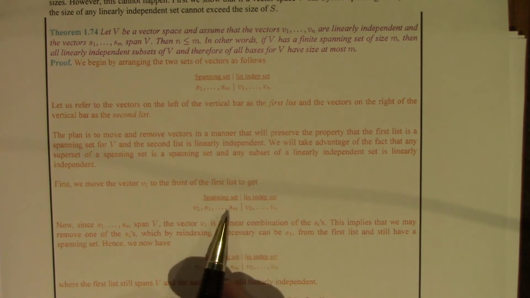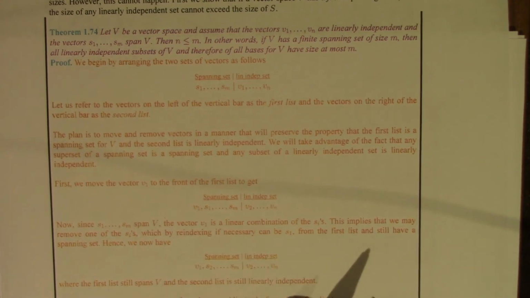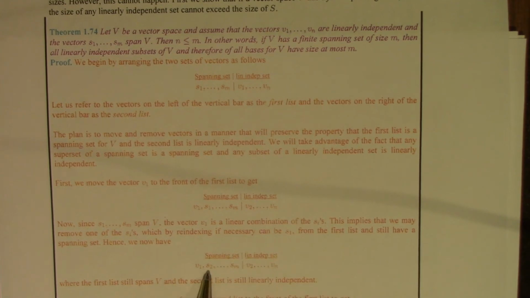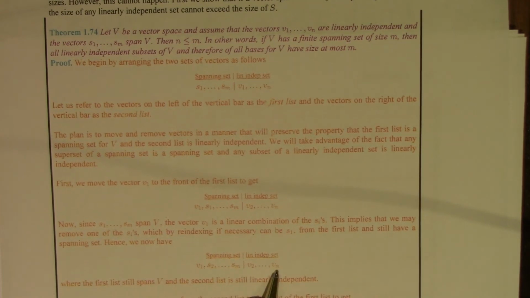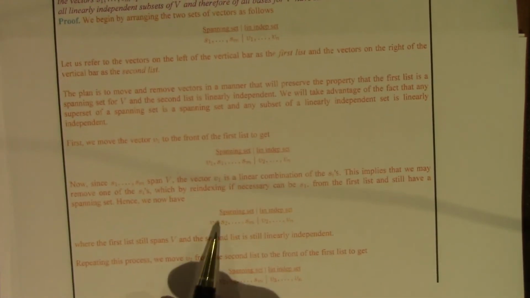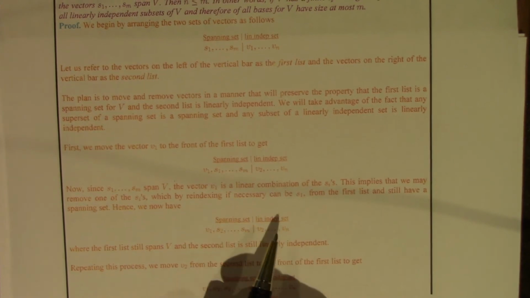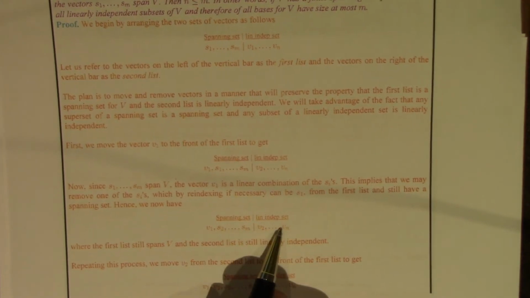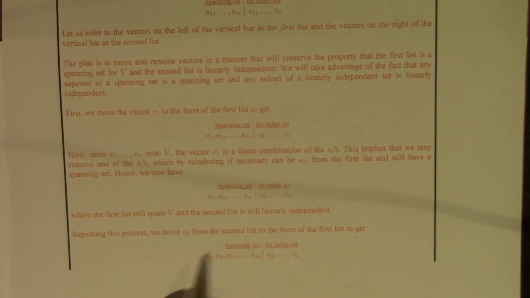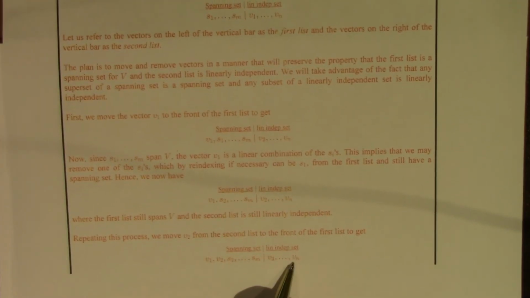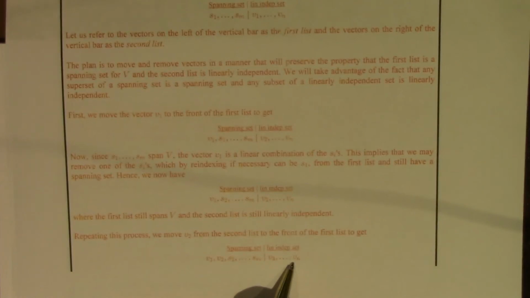So it could be any one of these S's, but by re-indexing we can assume it's S1. So we've thrown out S1. We have V1, S2 through Sm, V2 through Vn, and we still have a spanning set, independent set. So we'll do it again. Take V2, move it over, still independent on this side.